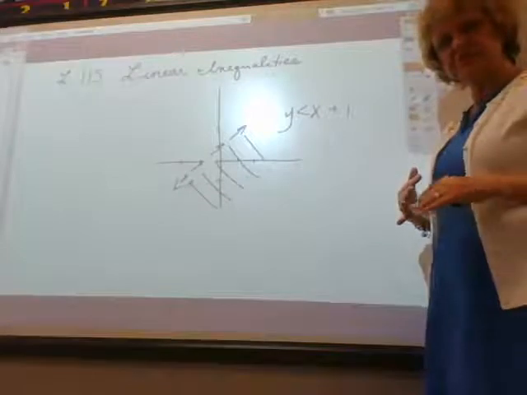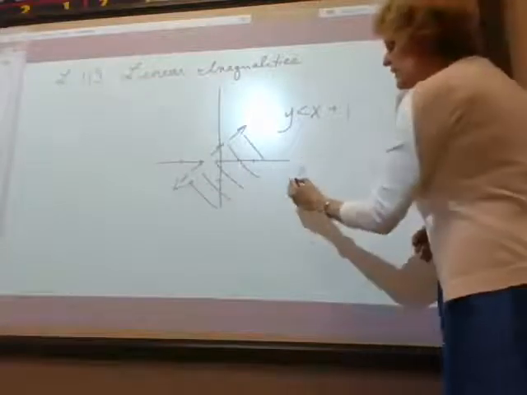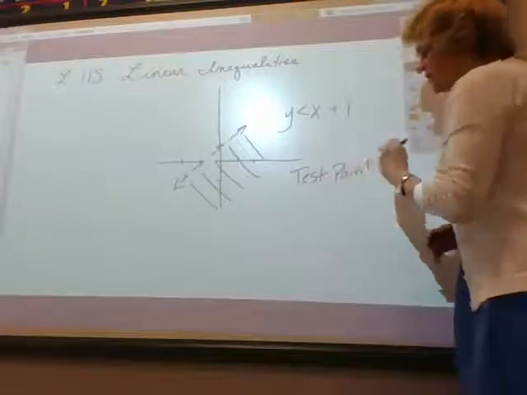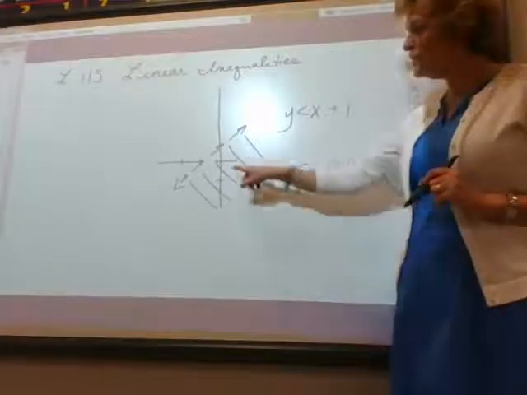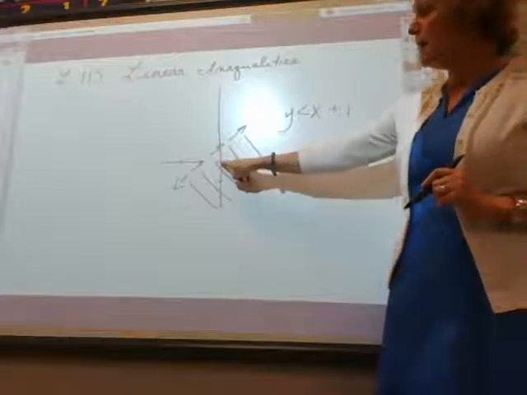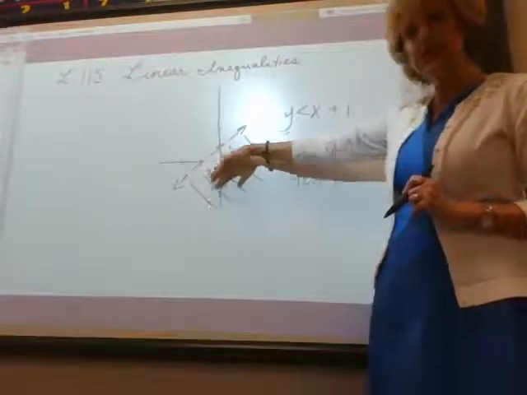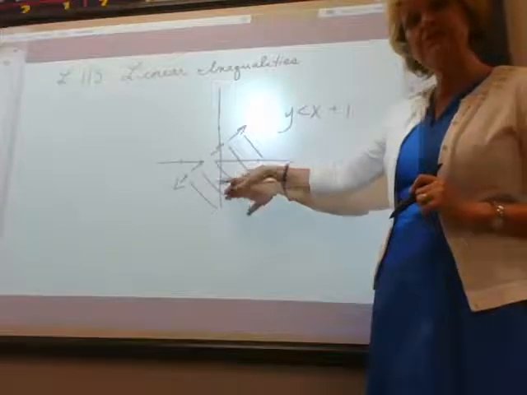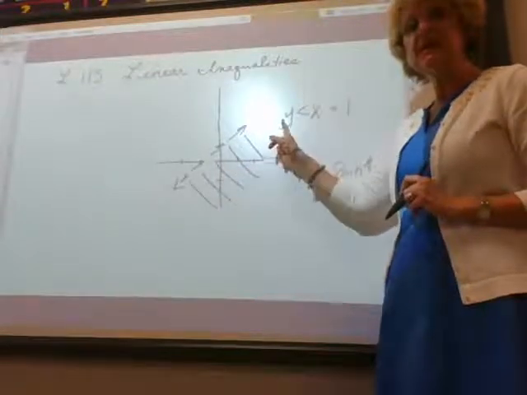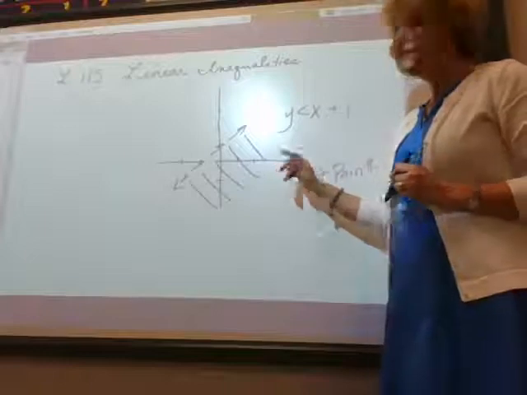Now, if you're confused, like you think, well, am I supposed to shade under it or above it? I don't really understand. Then what you do is plug in a test point. An easy test point to pick is 0, 0, right? That should be included in your graph. In other words, if I plug in 0, 0 as a test point into this, it should be true. So let's do that.